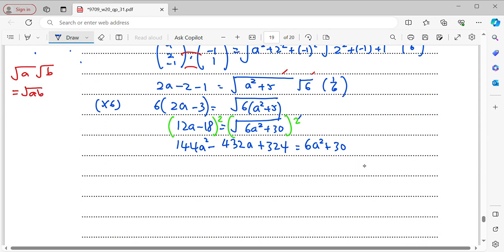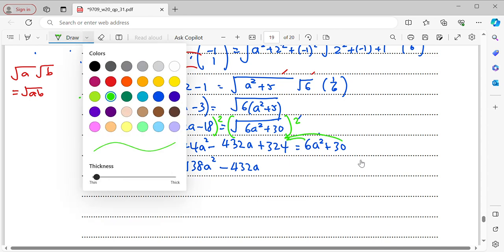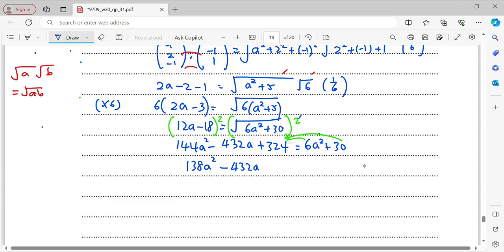Then now move all the terms to the left side. 144a squared minus 6a squared will be 138a squared. Then the 144a, and 36 minus 30, this 30 you move to the left side. Okay, all the terms move to the left side.